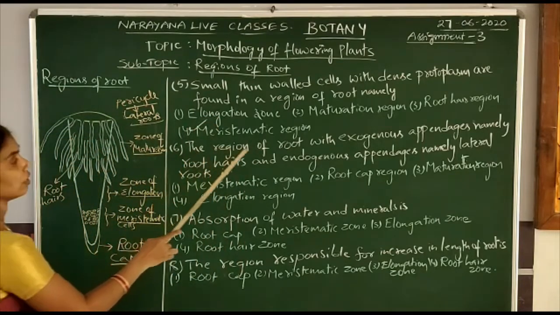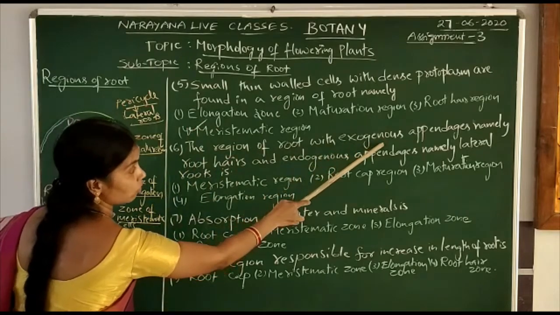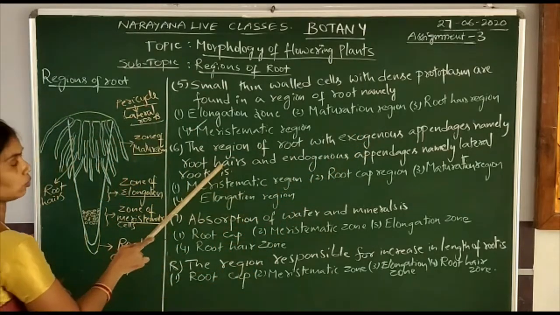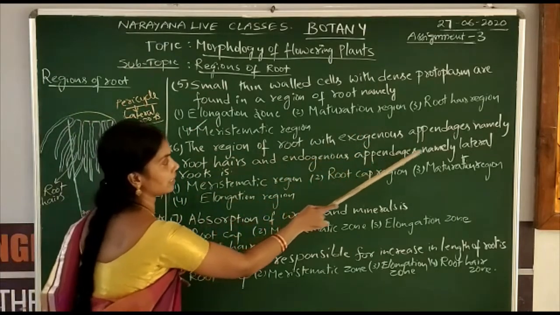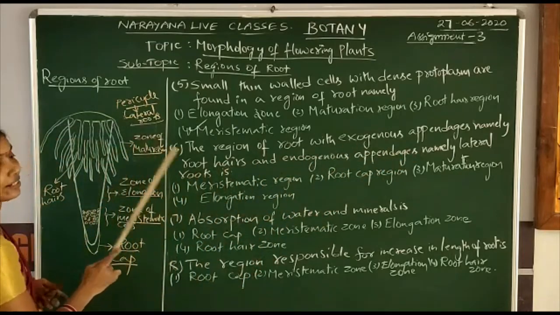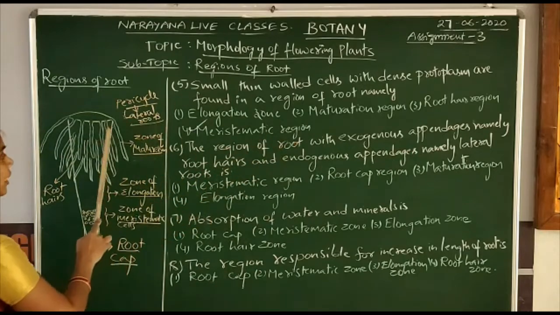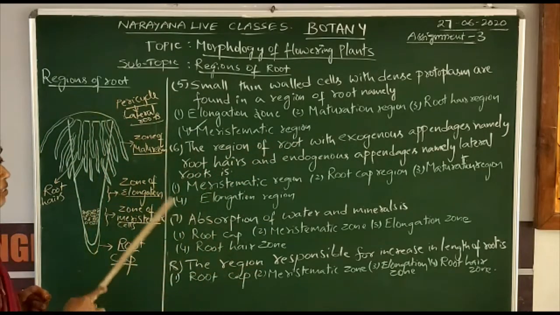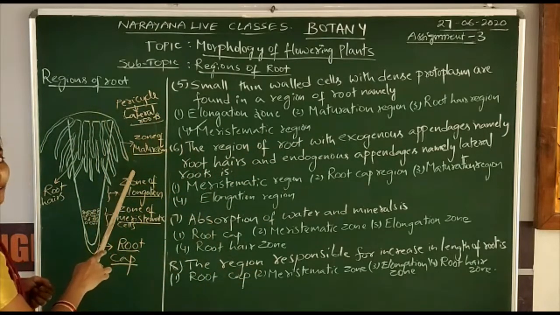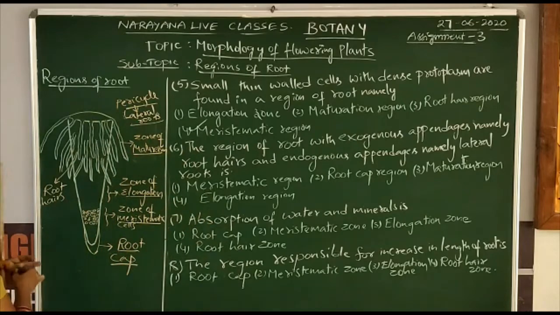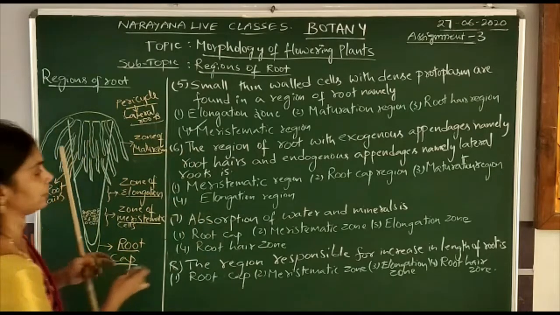Next, sixth question. The regions of root with exogenous appendages, root hairs, and endogenous appendages, lateral roots. So here two are asked, children. One is root hair, another is lateral root. So both are formed from the zone of maturation.